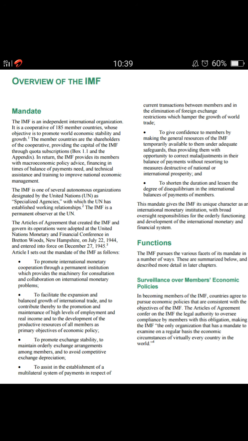The second function is financing temporary balance of payment needs. When the member nations are facing balance of payment problems, temporary respite is provided by IMF.